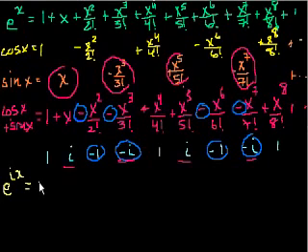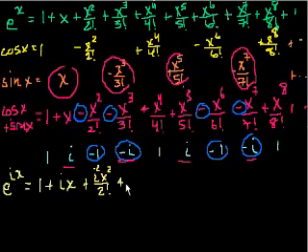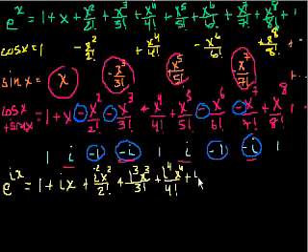So that will be 1 plus ix plus i squared x squared over 2 factorial, plus i to the third x to the third over 3 factorial, plus i to the fourth x to the fourth over 4 factorial, plus i to the fifth x to the fifth over 5 factorial.